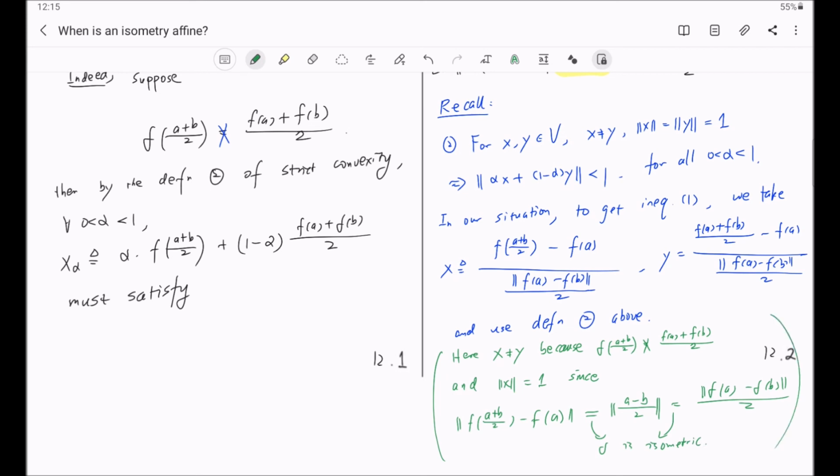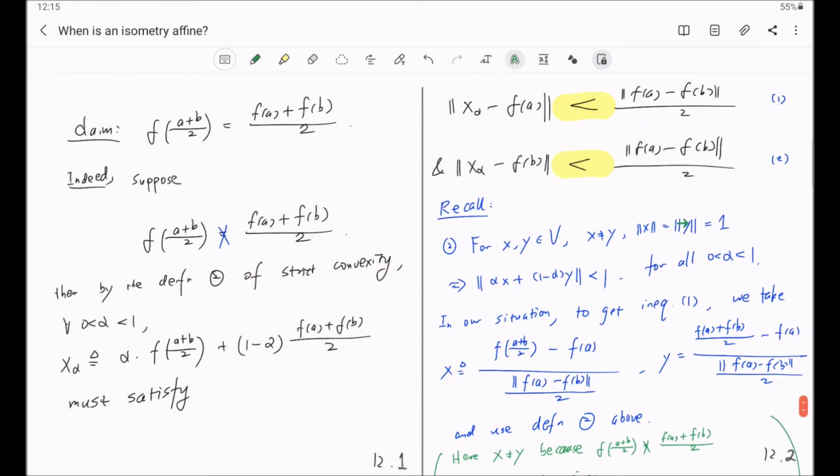So this verifies the inequality number 1. And the inequality number 2 is obtained by simply replacing f of a here by f of b.